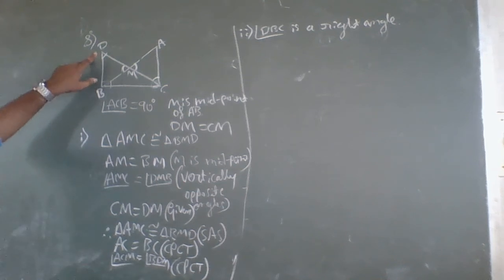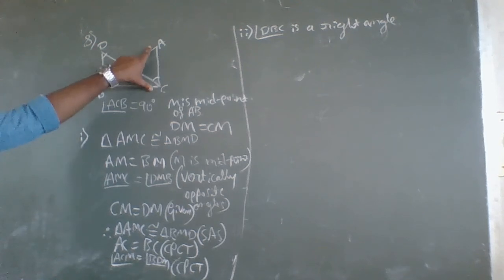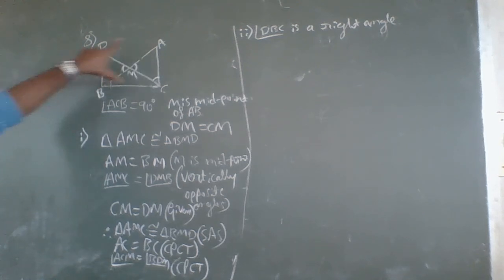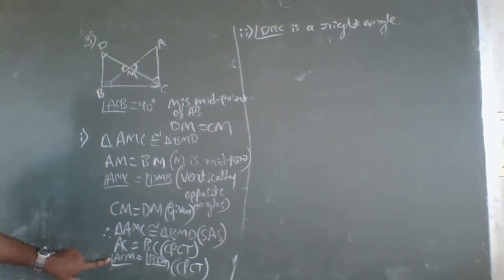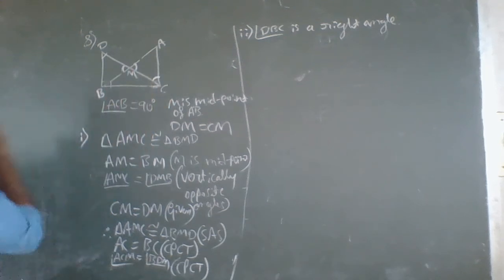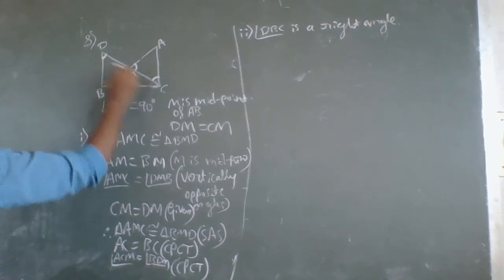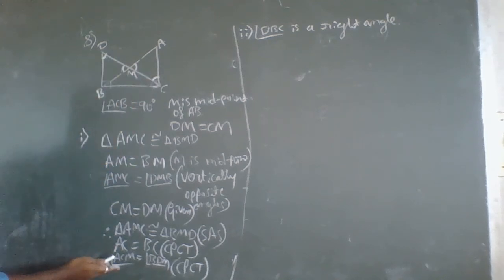It is not mentioned in the problem that BD is parallel to AC, and they are not given that BD is equal to AC. But we can prove that by using these two angles, angle ACM and angle BDM. These two angles are equal from the first part, because these are CPCT, corresponding parts of congruent triangles.